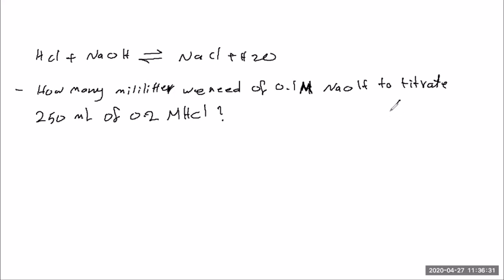Don't forget here, molarity equals mole divided by volume in liter. Or sometimes we may need this relationship: mole equals mass divided by molar mass. Okay, here, what do we need?